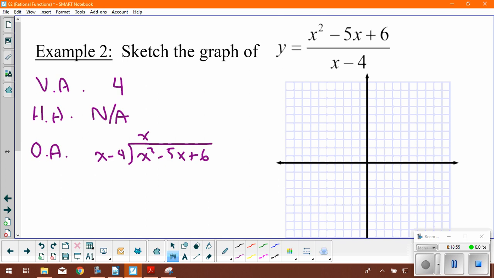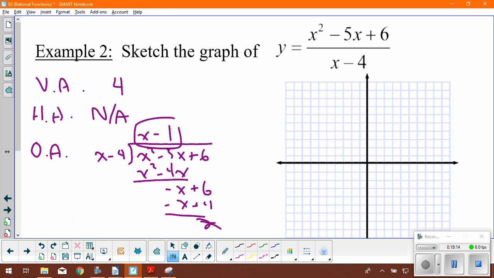So we have x. I don't even really have to finish this. Remainder is 2. But there's the key thing. So my oblique asymptote is x minus 1.